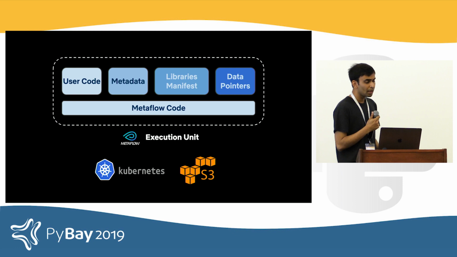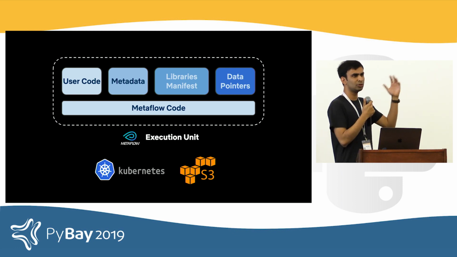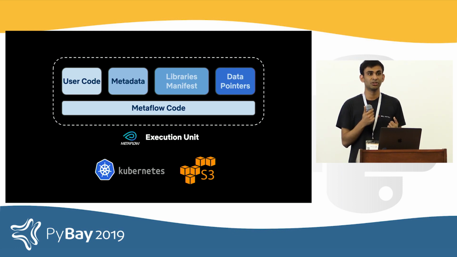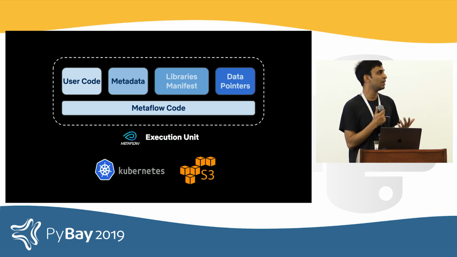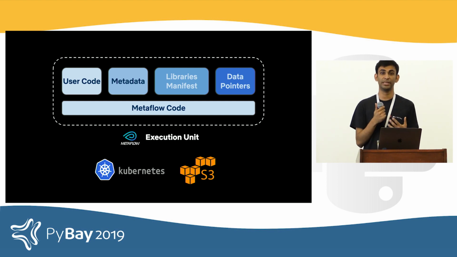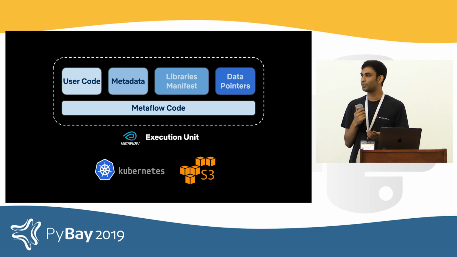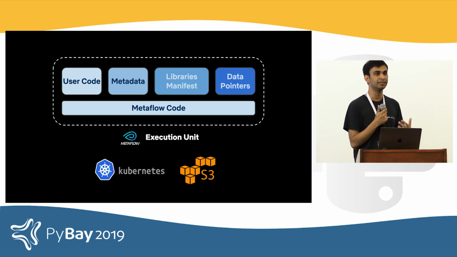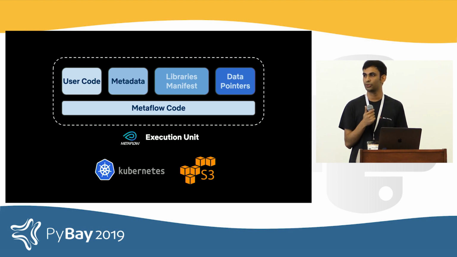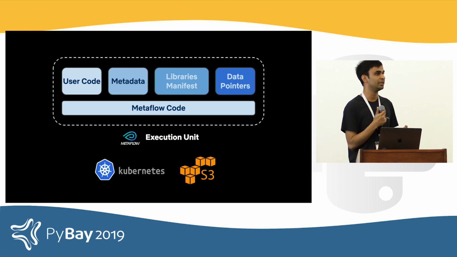So in practice, this is what our execution model looks like. On top of any container orchestration platform, we execute what we call a Metaflow execution unit, which wraps around the user code, the metadata that we sniff from the execution environment, a manifest that contains all the library dependencies, defined either explicitly by the users or transitively pulled in, as well as data pointers to all the snapshots that are stored in S3.